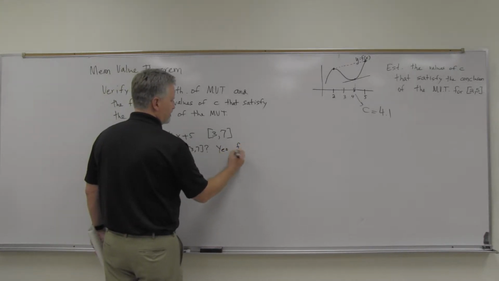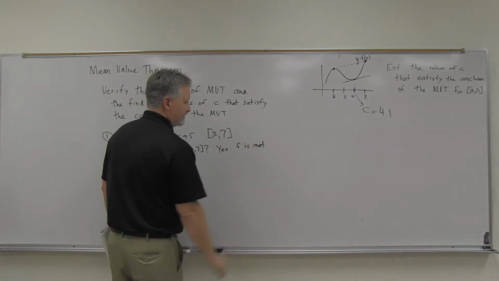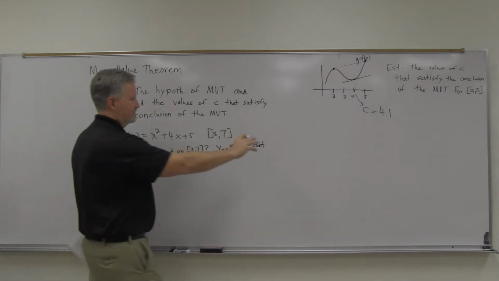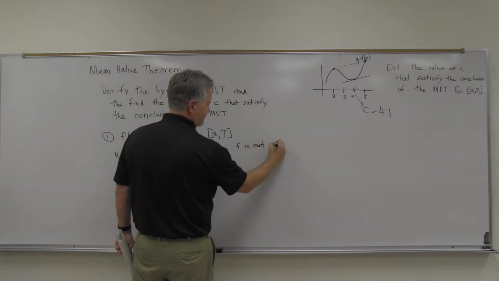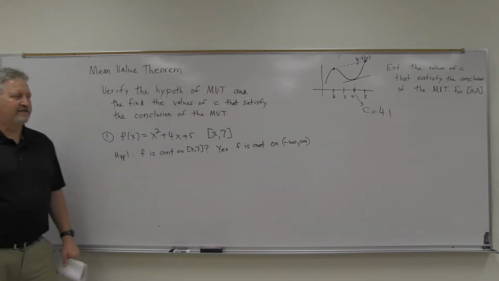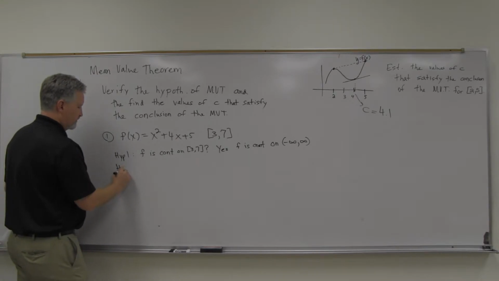If I wanted to state it, so they would know I know what I'm talking about there, f is continuous for all real numbers. If you want to, negative infinity to positive infinity. So it's definitely continuous on 3 to 7. Same thing for hypothesis 2, right?